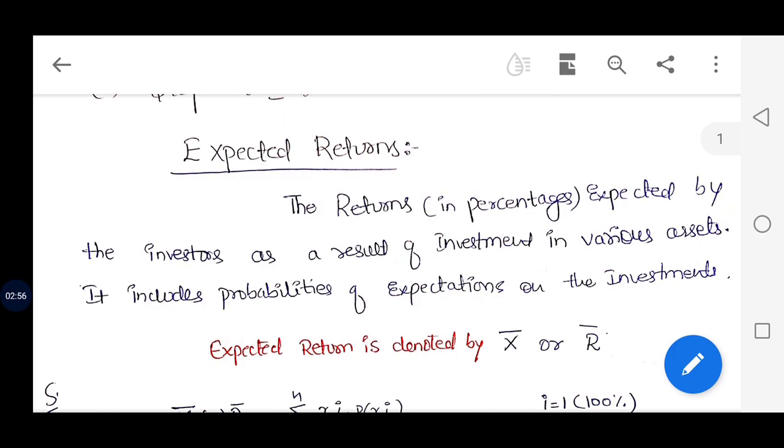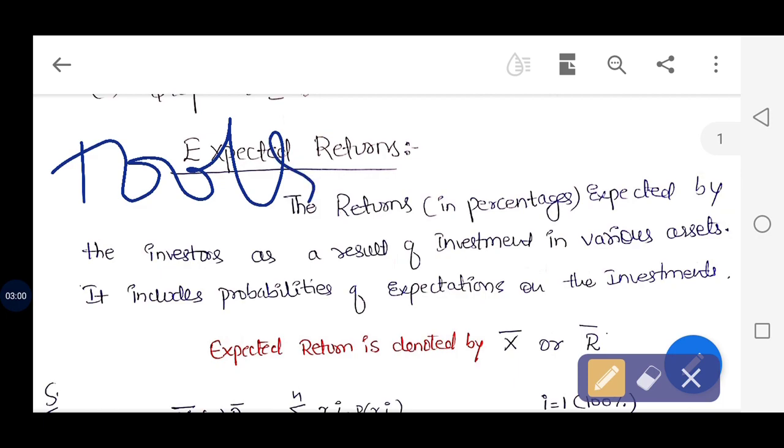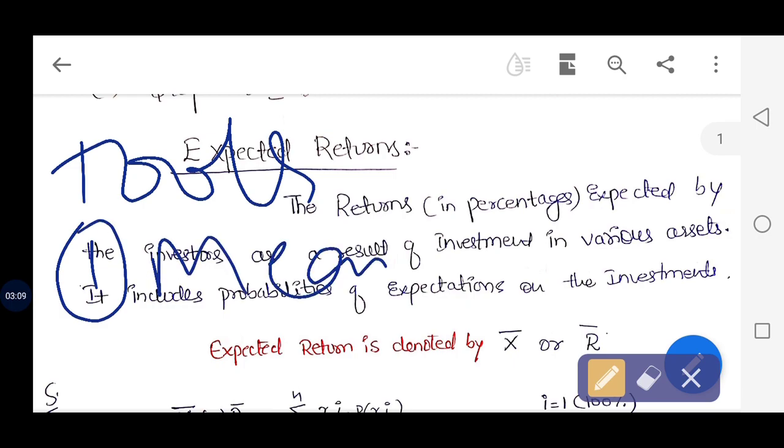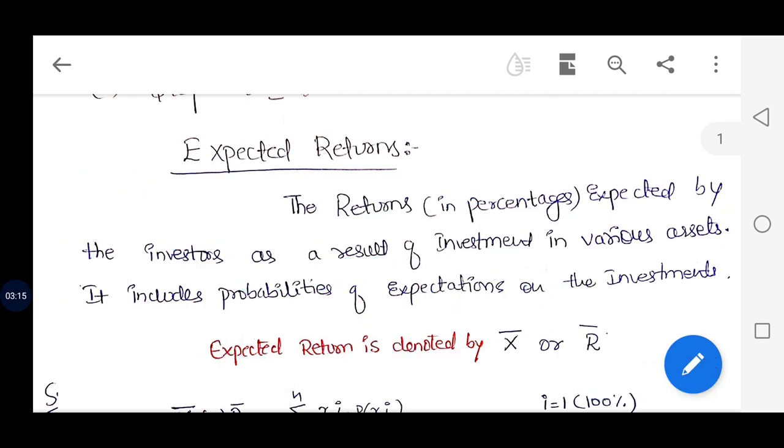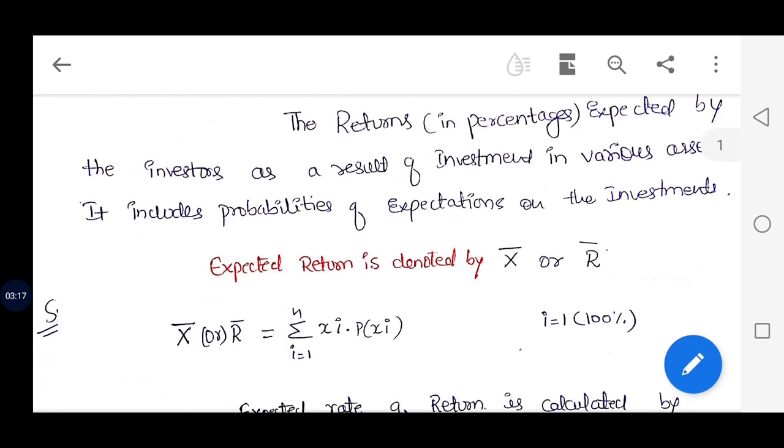Yesterday we discussed various tools for choosing the investments under the HM model. In that, the first step I told you was the calculation of the mean, that is X bar, called the average. So how can we calculate the expected returns?